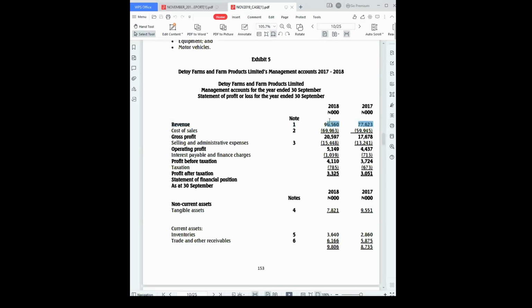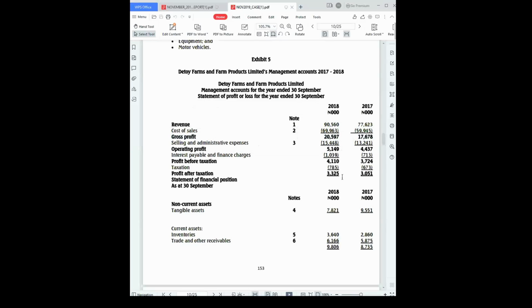You can see that revenue is fine, it's growing, and the cost of sales is also growing year on year. There is gross profit. We can't really say if the gross profit is low or not, right?